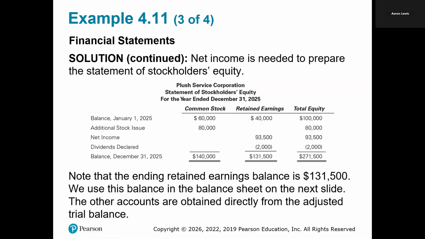And this is the statement of stockholders' equity. There are different versions of the equity statement, but this one is by far the most popular. And it's very similar to the statement of owner's capital that you've probably seen before.